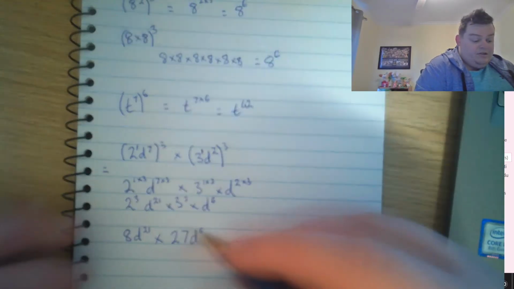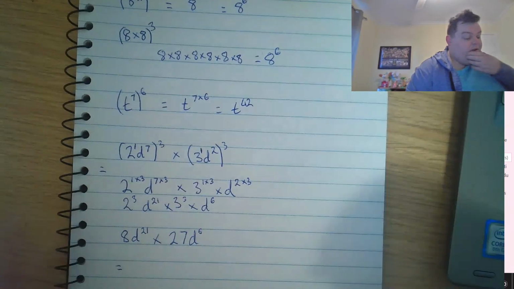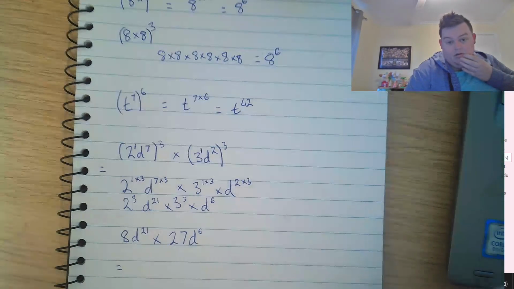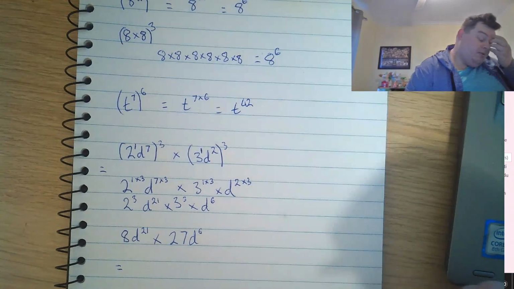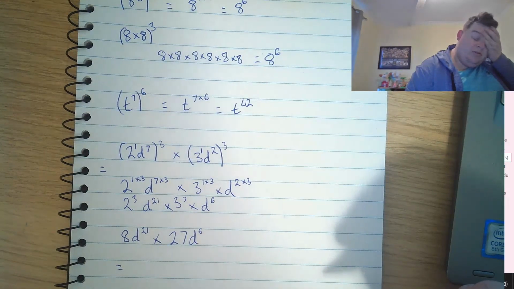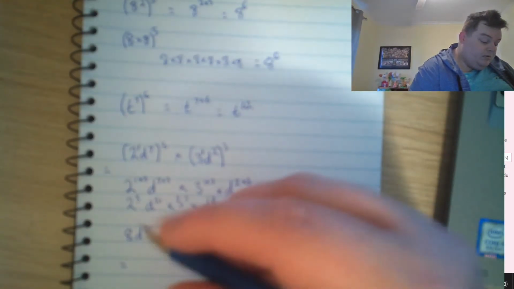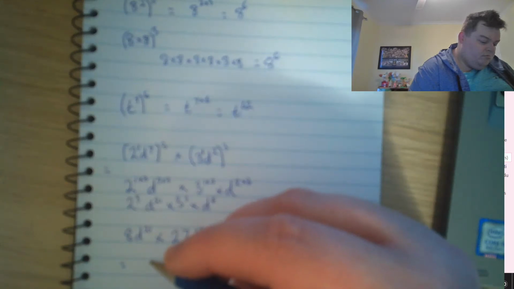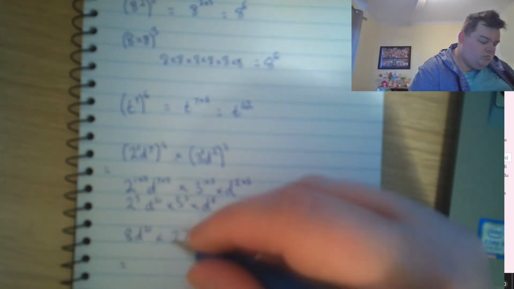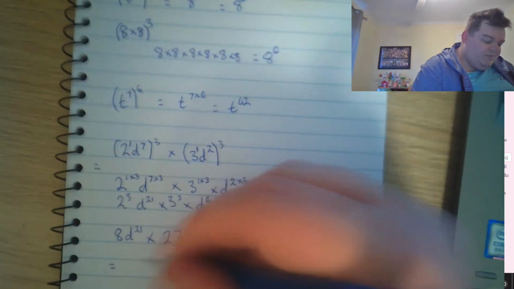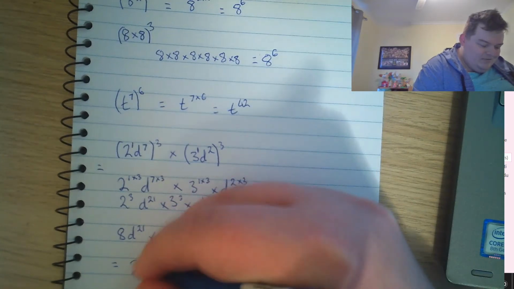So if I want to do this sum now, I just have to do 8 times 27. So what's 8 times 27? I'm trying to do this off the top of my head, so if I get it wrong, don't make fun of me. I think it's 202... 206... 216. Okay, 216.